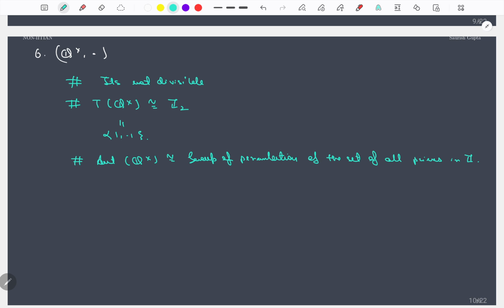That is, the automorphism group of Q cross is the group of all permutations of the set of all primes in Z. Now I'm not interested in indulging in the proof of these particular things, because they require a lot of work, and I'm not that concerned about proving all this stuff, because at some point of your life, if you move on into academia, you will come up with the proofs of all these things, either on your own or in some aspect of it. Nevertheless, at this point, it's not that important.